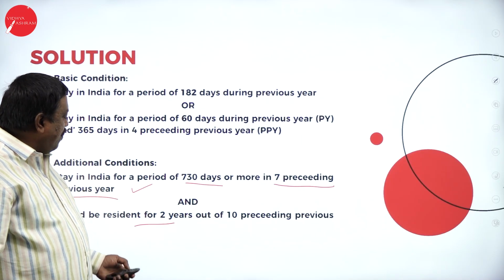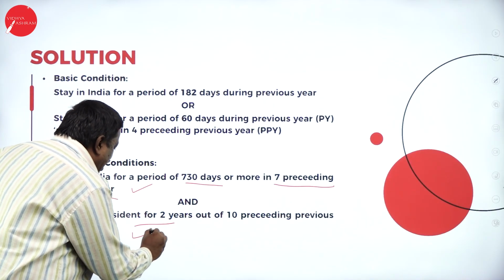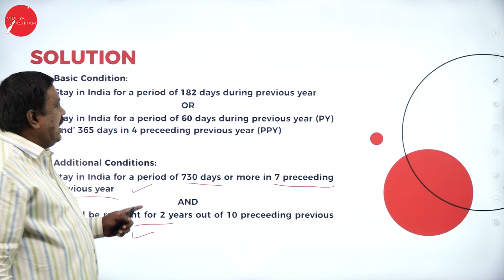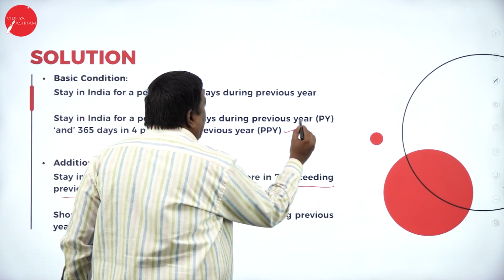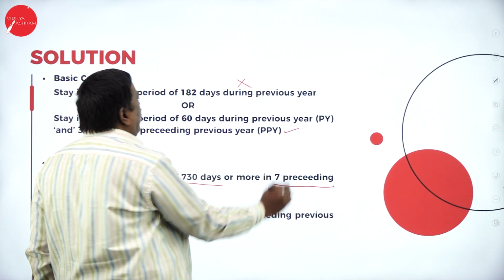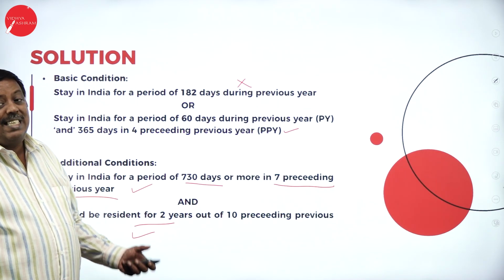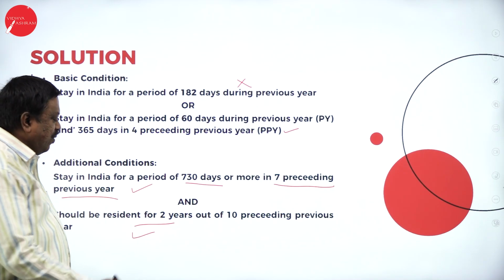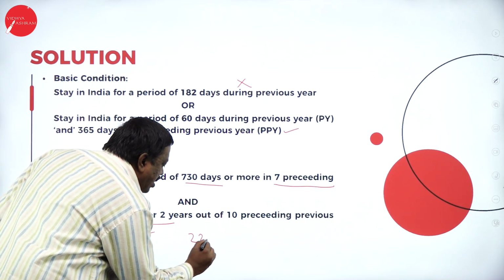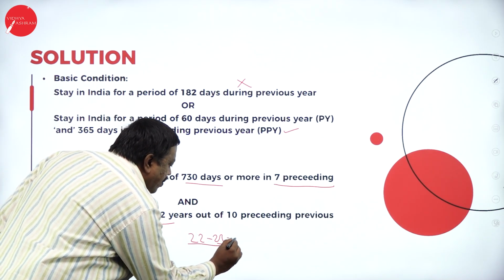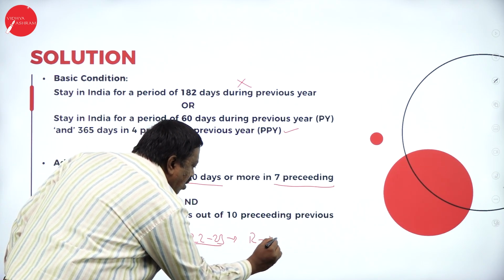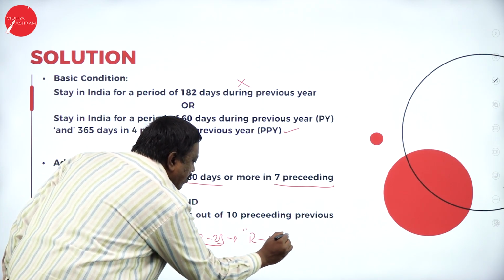So I've satisfied even my second additional condition. So what is my status here? My status for 2022-23 will be resident and ordinary resident.